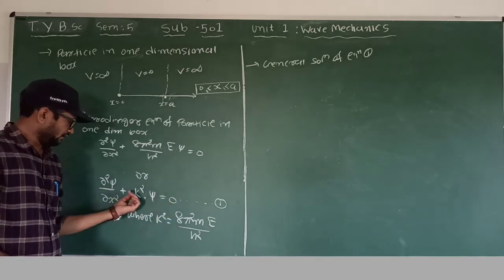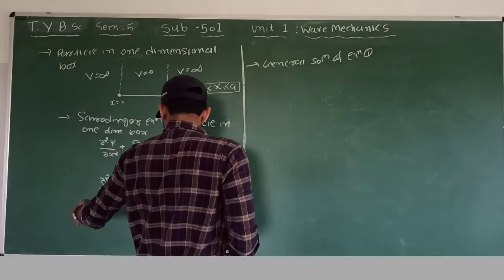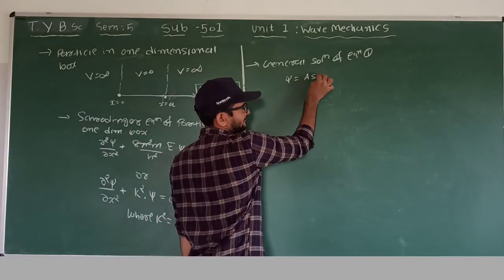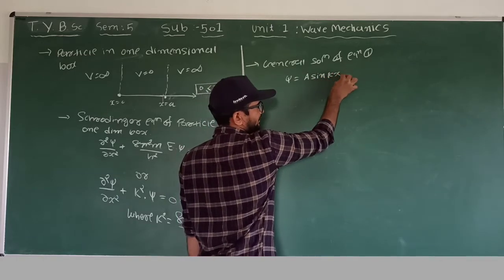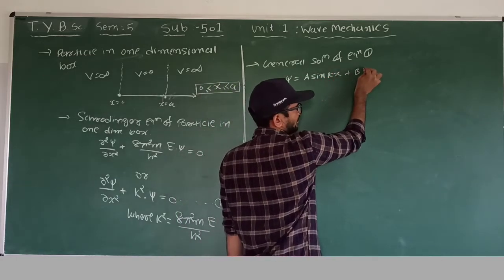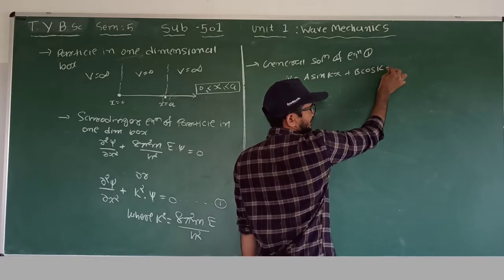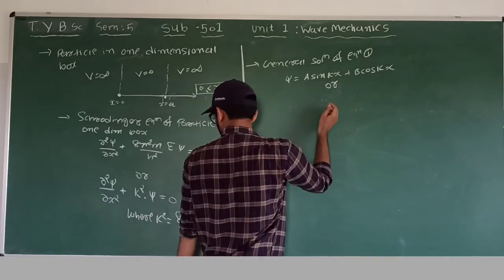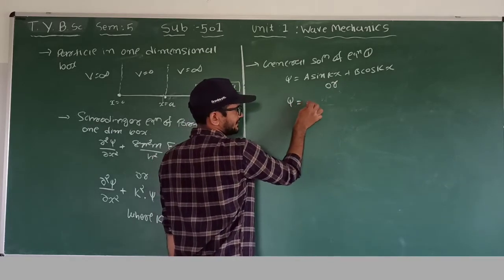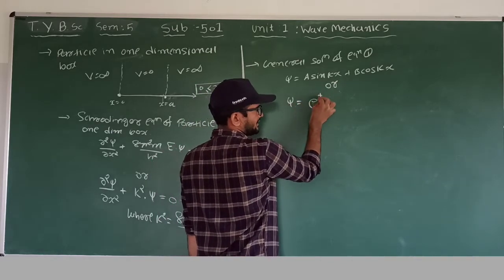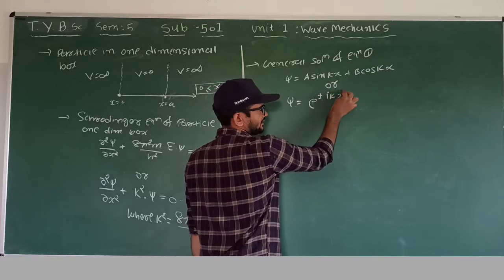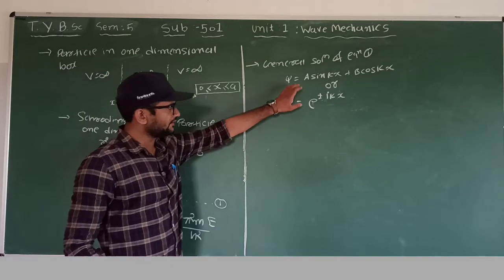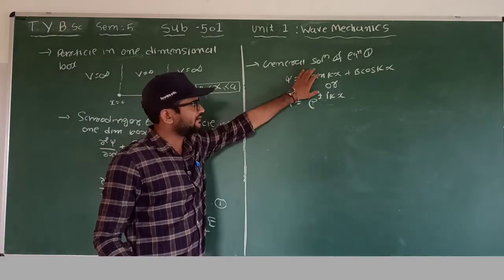The solution of equation 1 is, first, psi is equal to A sin kx plus B cos kx, or another solution is psi is equal to e to the power plus or minus i kx.